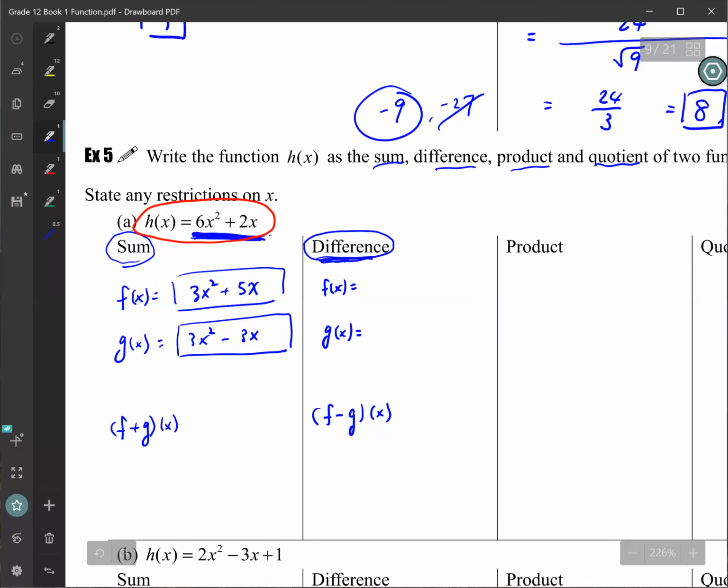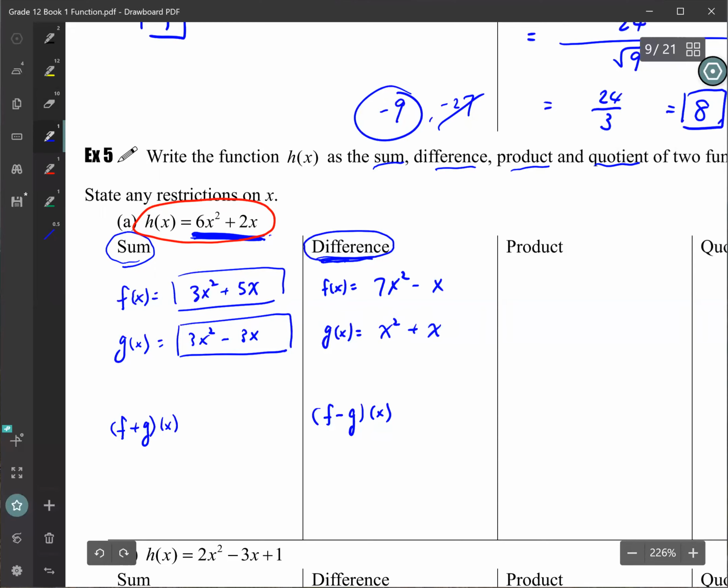Yeah, Donna, what's your answer? 7x squared minus x. And x squared plus x. Hold on, slowly. You said 7x squared minus what? x. Okay, the other one? x squared plus x.